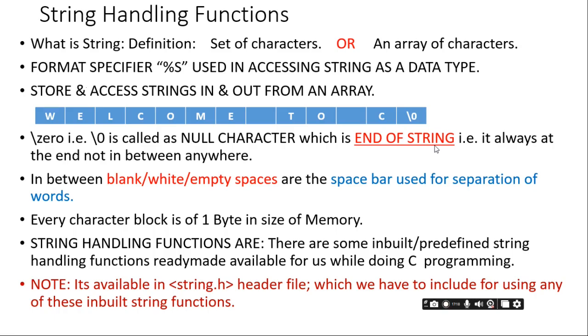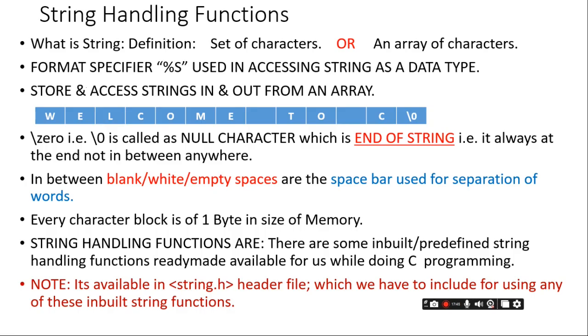Generally, while we write Marathi or English, we give a full stop, right? So that full stop is understood by us to mean that here the line ends or the sentence ends, whereas technically the processor understands the full stop with the help of the null character, especially in case of strings.